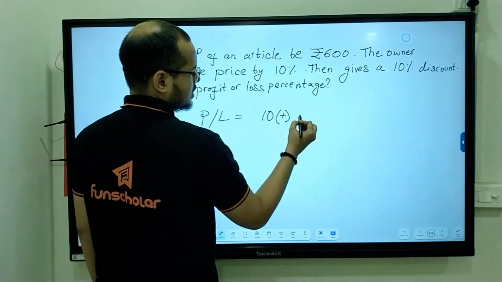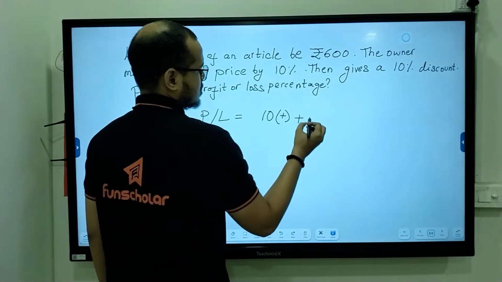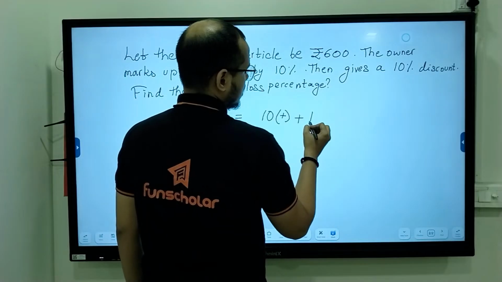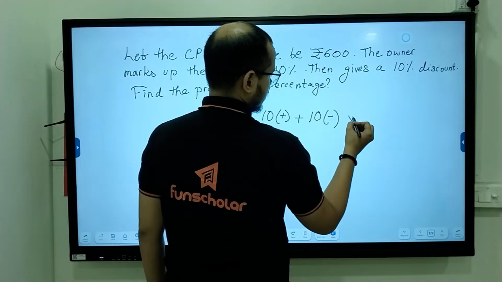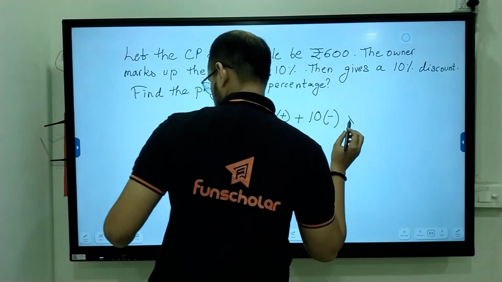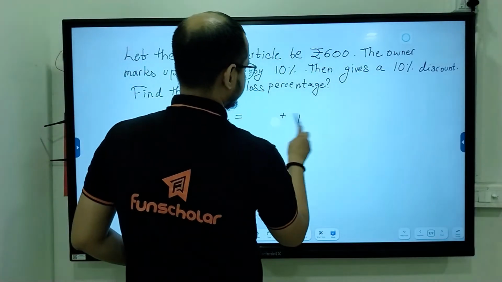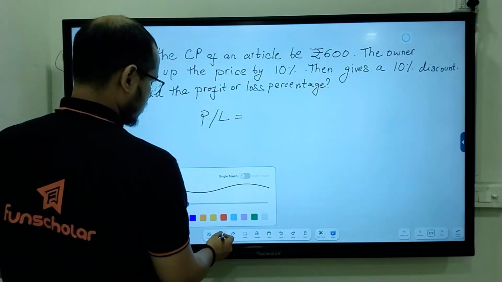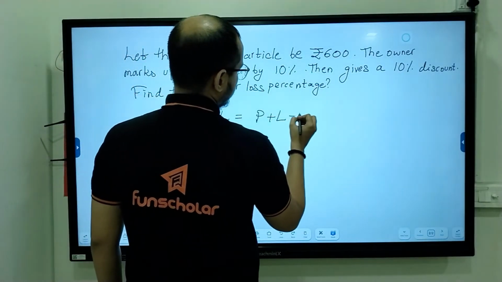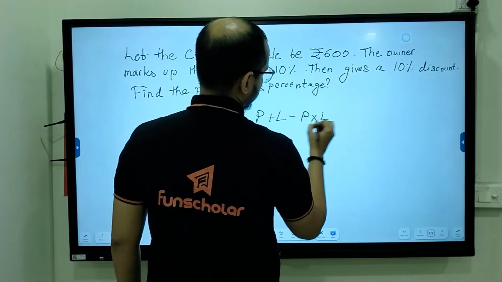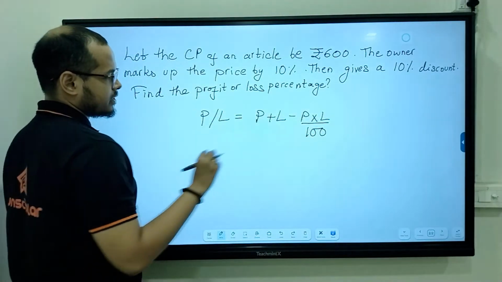And the second one is 10 but loss, so minus. The formula is P plus L minus P into L by 100. This is the formula, directly.